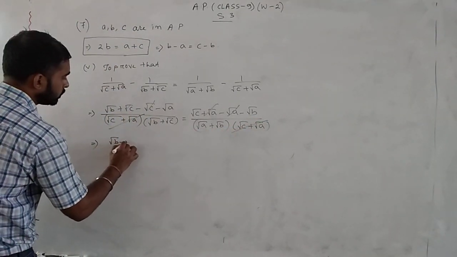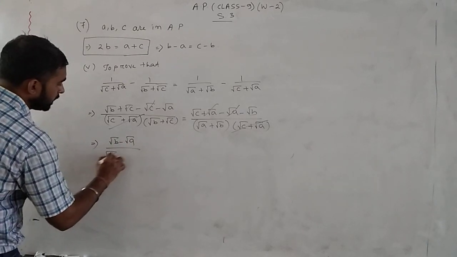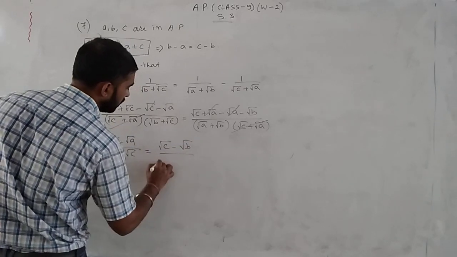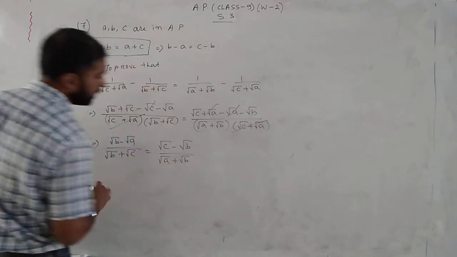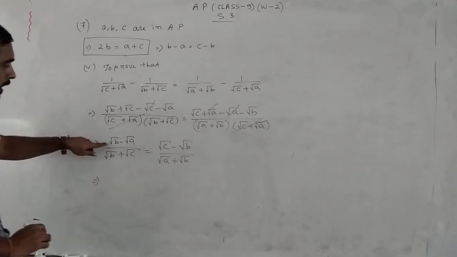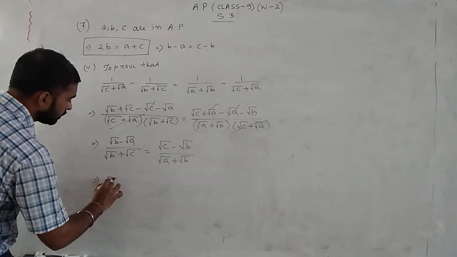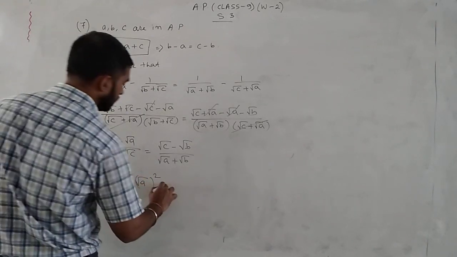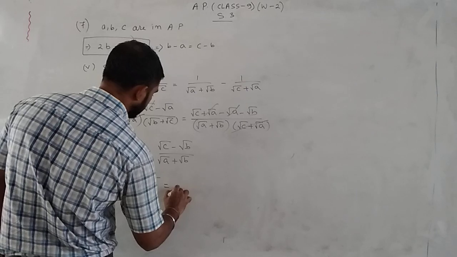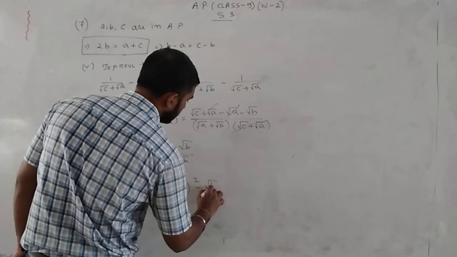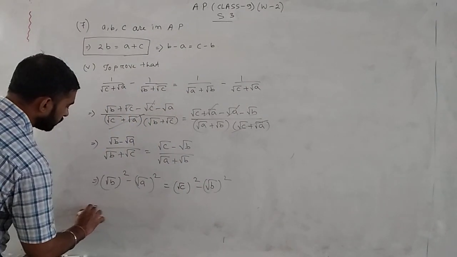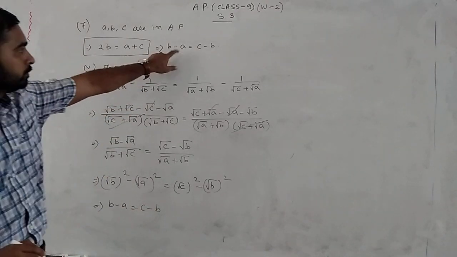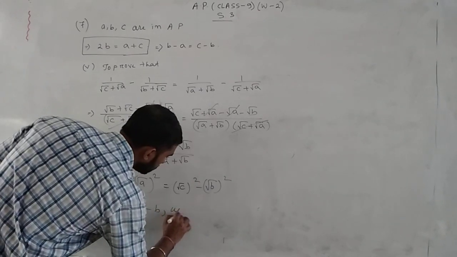So root b minus root a by root b plus root c equal root c minus root b by root a plus root b. Now if you do the cross multiplication, a minus b into a plus b equal a square minus b square. This one also root over c square minus root over b square, which is equal to b minus a equal to c minus b. Which is true or not? Which is true?